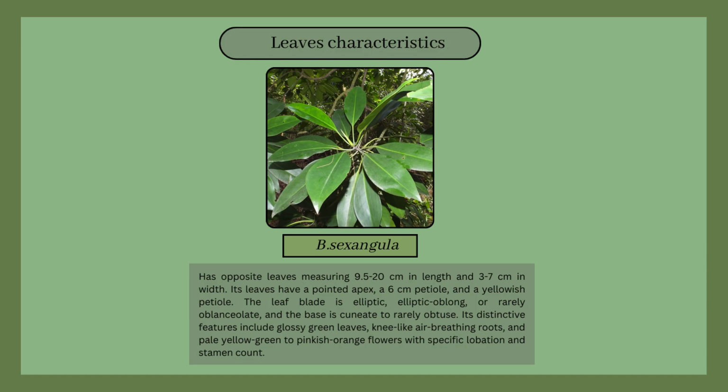Bruguiera sexangula has opposite leaves measuring 9.5 to 20 cm in length and 3 to 7 cm in width. Its leaves have a pointed apex, a 6 cm petiole, and a yellowish petiole.